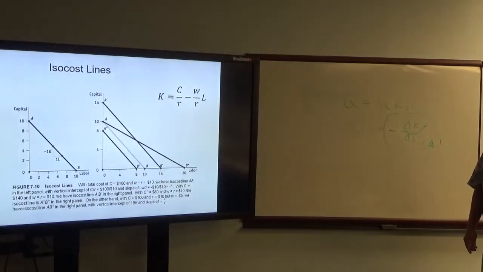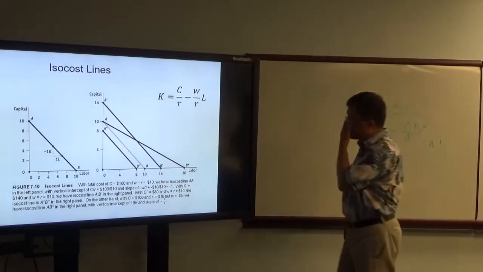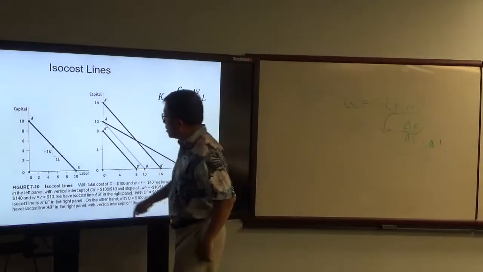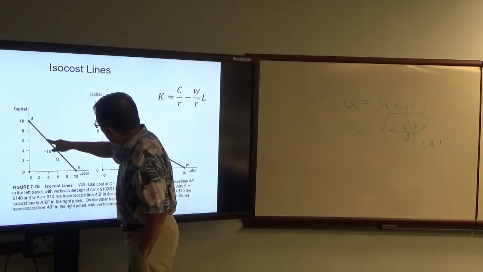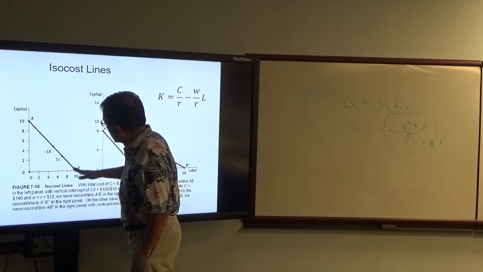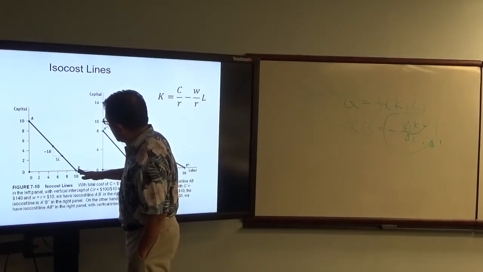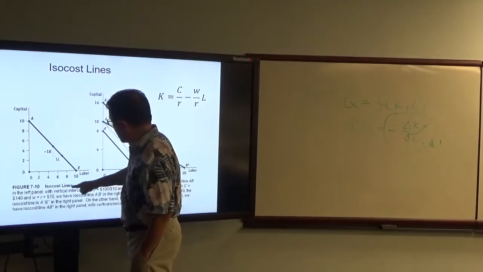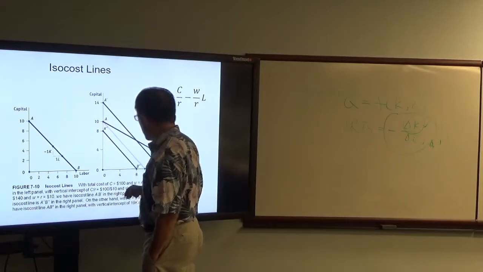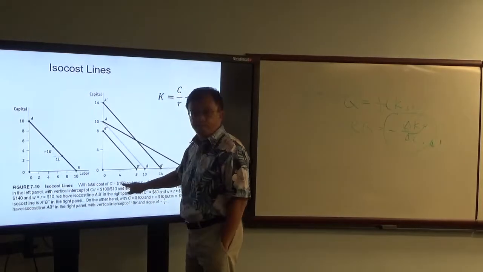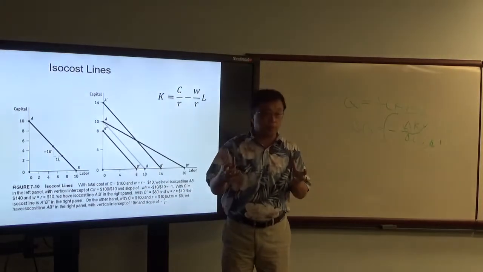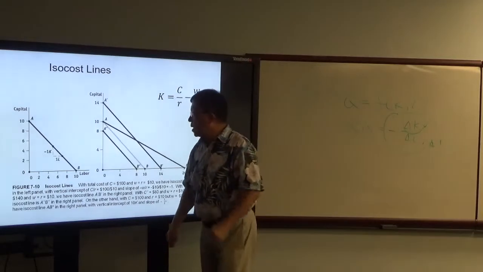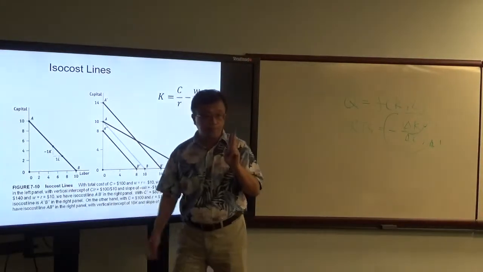and obviously in this case, for this particular isocost line, the total cost, the budget, is $100. The price of labor is $10.